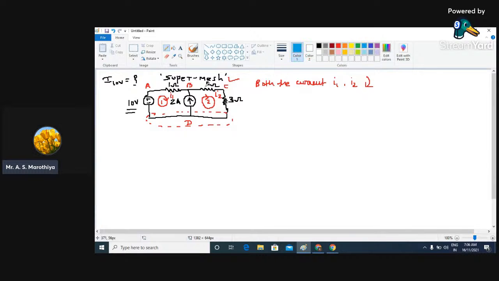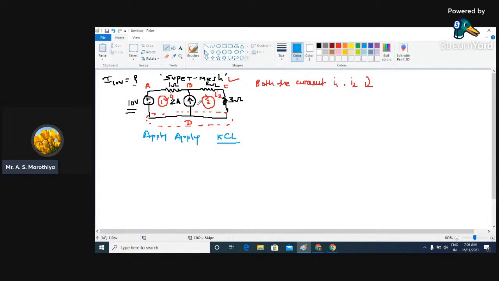Now we need to read this circuit. Before that, first we are going to write one equation of current, I1 and I2, with respect to the common current source which is connected in between mesh 1 and mesh 2, by applying Kirchhoff's current law, or simply the resultant of the current.